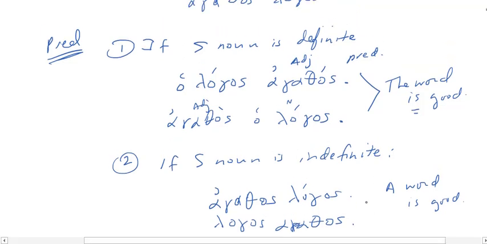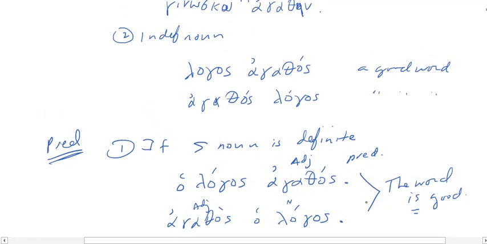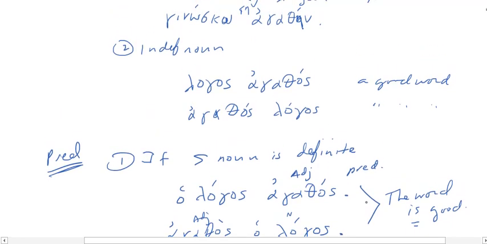On the other hand, if I had an indefinite noun that had an attributive adjective, like a good word, there's going to be more to my sentence, right? A good word heals the bones. A good word brings a smile to sad people, right?